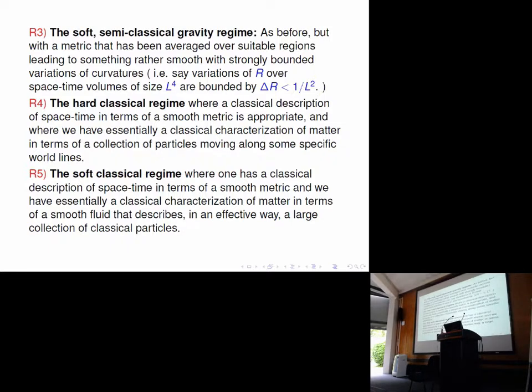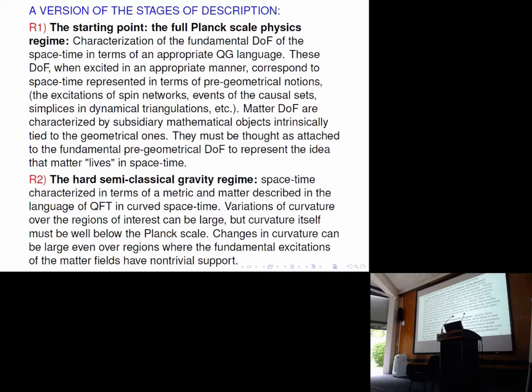The regions we are thinking about are the regions over which these fundamental excitations of matter are dispersed. From there, we eventually would pass to something we call the hard classical regime, where we have a classical description of space-time and point-like particles.